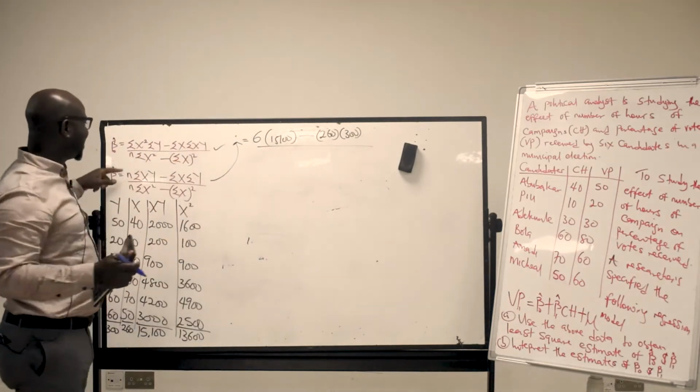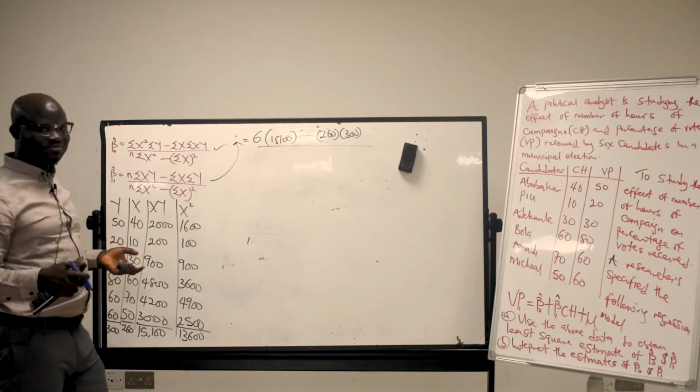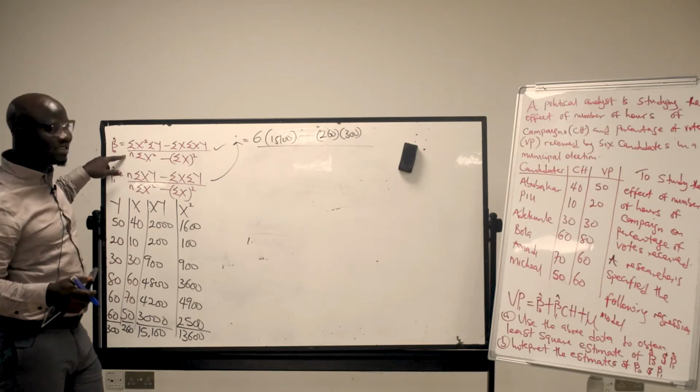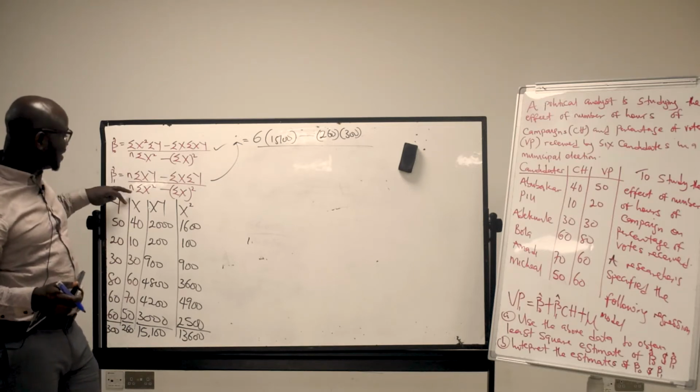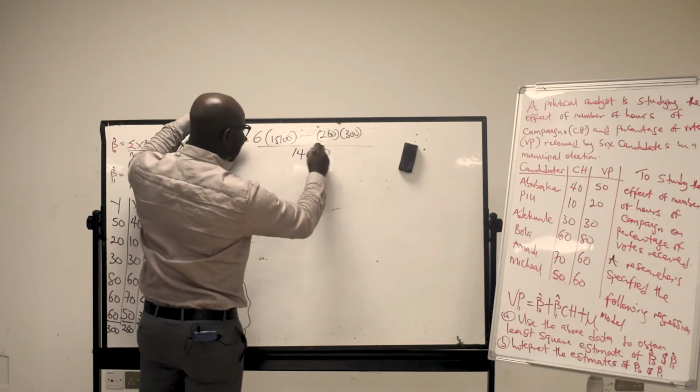If you notice, the denominator for beta naught and beta 1 is the same, so there's no need for us to calculate that again. If you are very sure that what you calculated is correct, you can use the same value here. It's the same thing, 14,000.